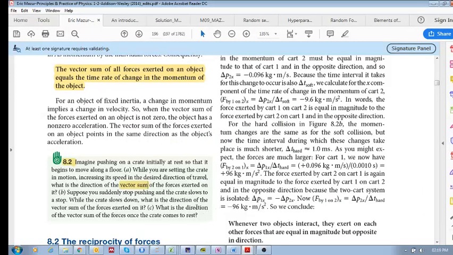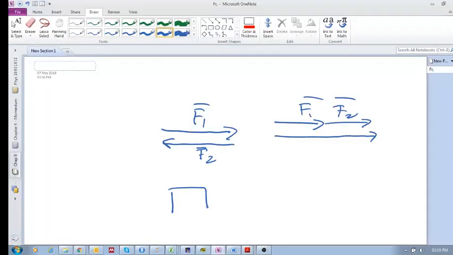So what is the direction of the vector sum while you are setting the crate in motion, increasing its speed? Well, let's see. If you've got the crate, you've got this force that you apply, and you've got the friction force here, F friction.